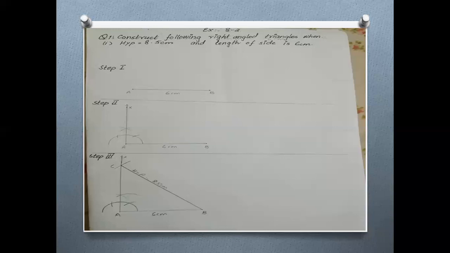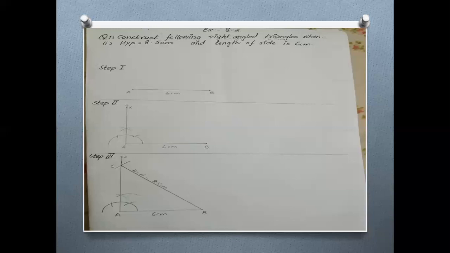And you know how we draw the angle of 90 degrees. You will draw it with the help of the compass. Now open your compass 8.5 centimeters.